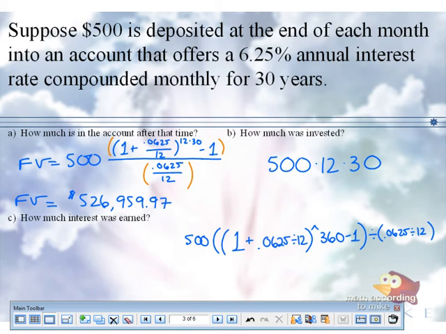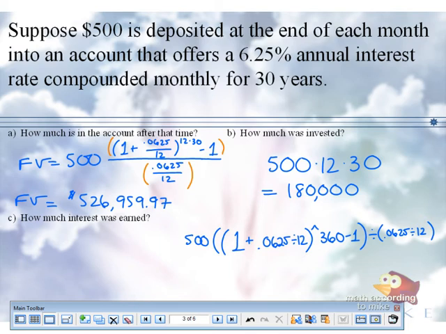Don't see the word interest and think I equals PRT. So we put away $180,000 and ended up with $526,959.97.